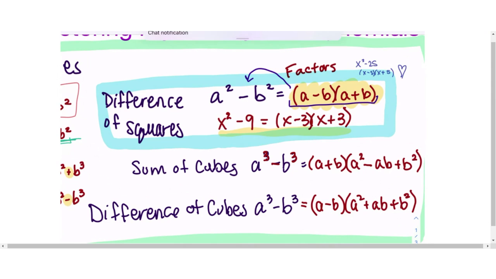The sum of cubes is supposed to have a plus sign right there. And so if we had 2 things that were cubed and we needed to factor them, like one thing cubed plus another thing cubed, it would factor out to be this pattern. So we just have to figure out what the a alone is, not a cubed, and what b alone is, not b cubed.